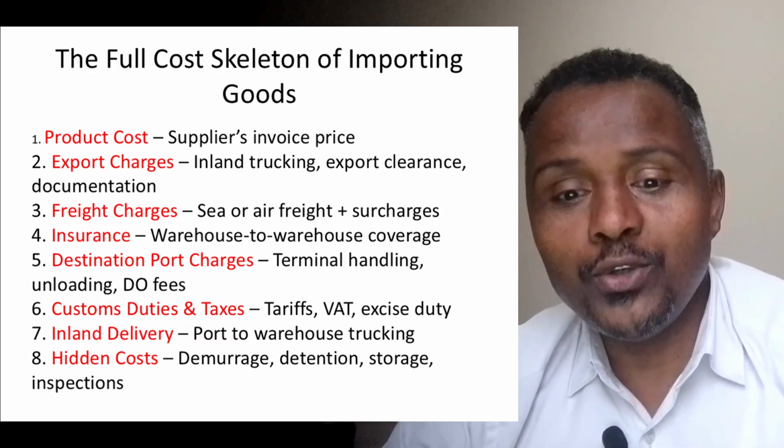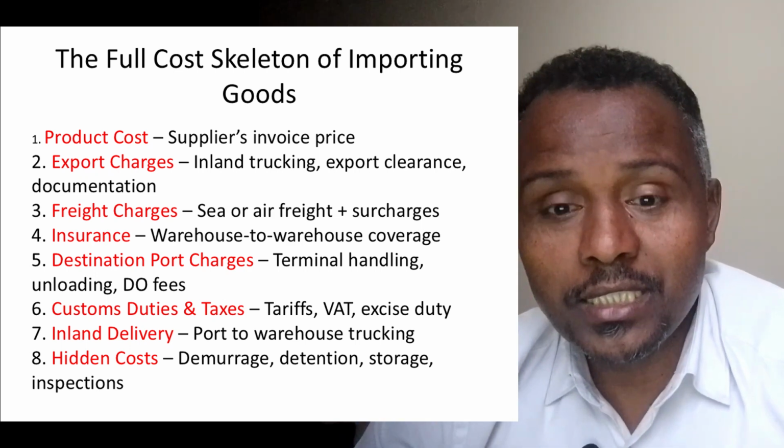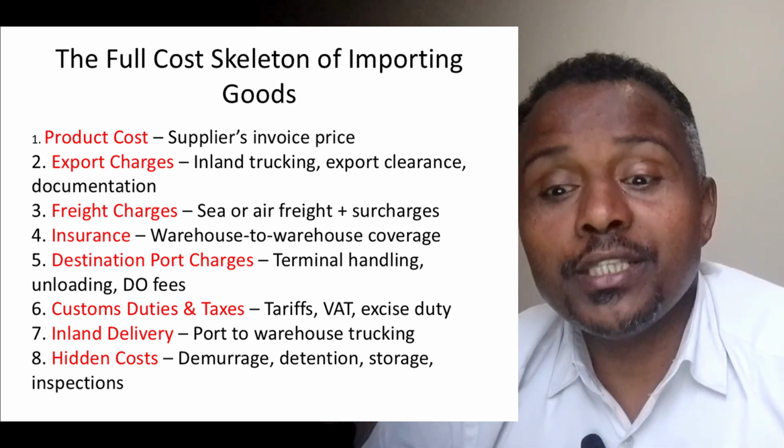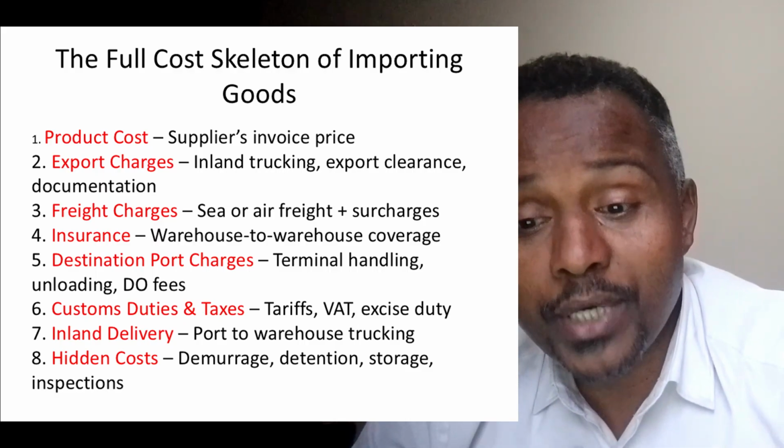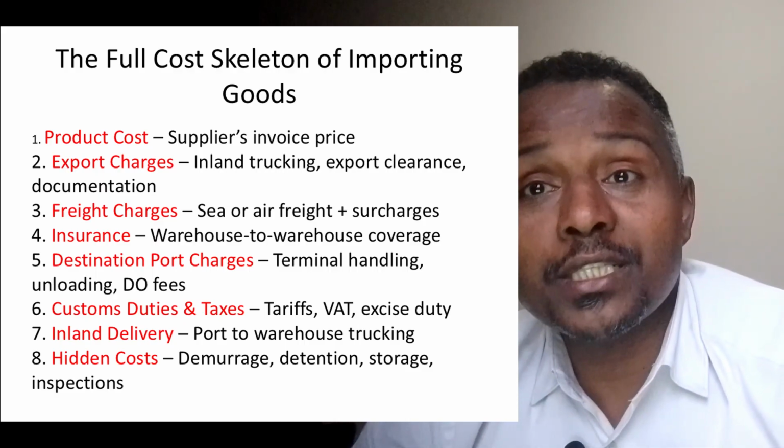Only when you add all 8 do you see the true cost per unit, the number that protects your profit. When we say landed cost, we are talking about the summation of all the eight elements. Some costs, like the hidden costs, if you are well organized and plan in advance, you may avoid.